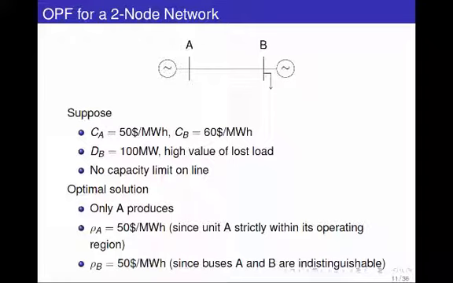Give it a minute. The simplest first thing we saw about the KKT conditions, what was this observation here? If a generator is producing strictly within its operating region, so what is rho A? Come again? 50. Yeah? Cool. Okay. So rho A is 50.